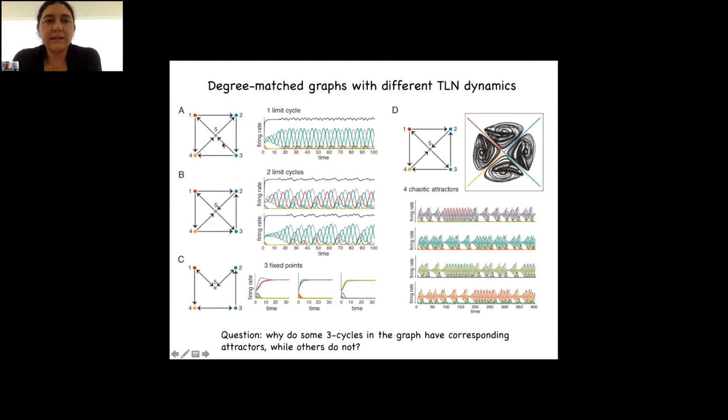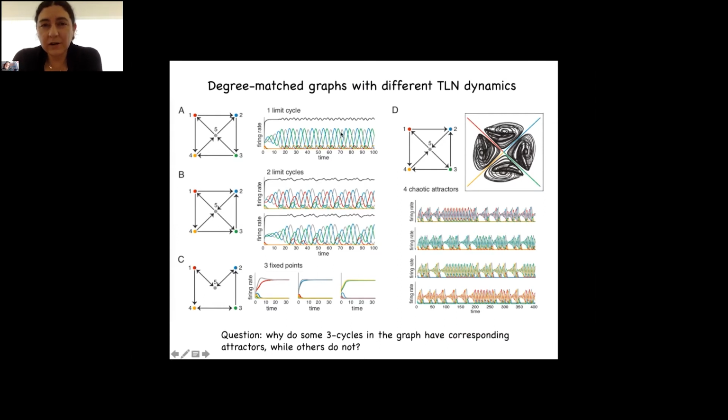So here neuron 1 has in degree 1 and out degree 2. And if you put together all of those degree pairs, you get the degree sequence for the graph. And all 4 of these graphs have exactly the same degree sequence. However, their dynamics are completely different. So the local properties of the network are not sufficient to determine what's going to happen.